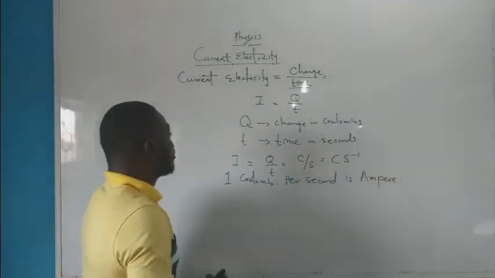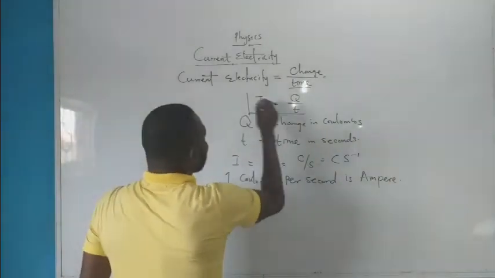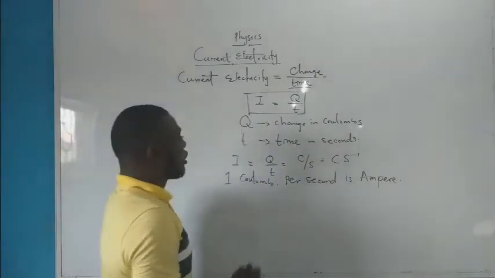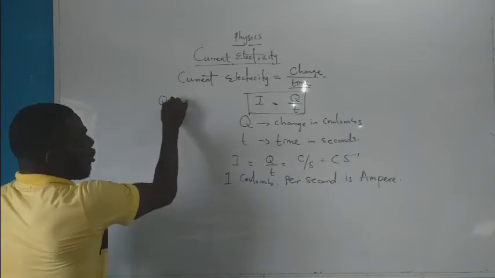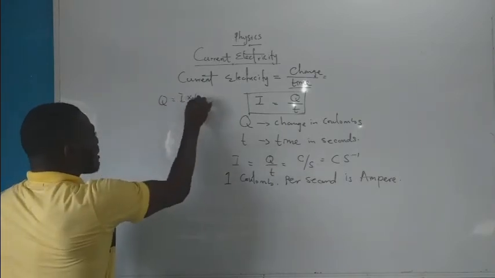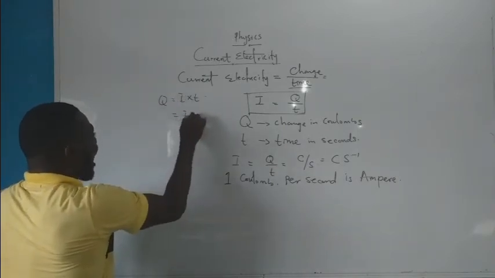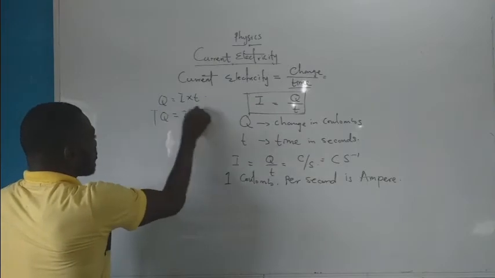Are we together? So from this, the quantity of charge, Q, equals I times T, that is Q equals IT.